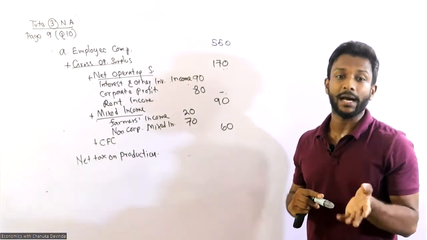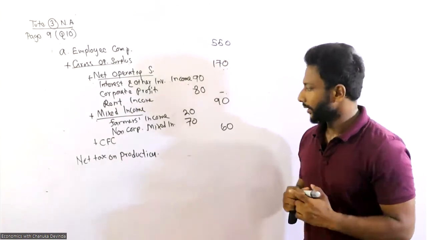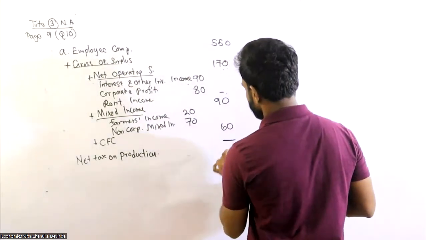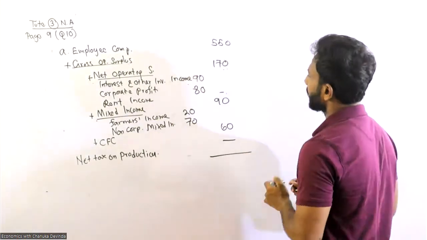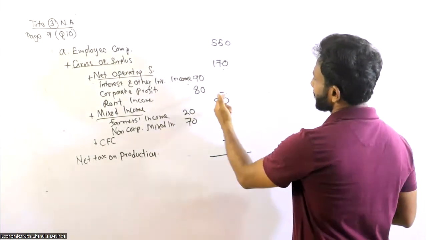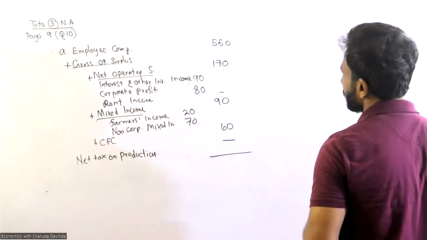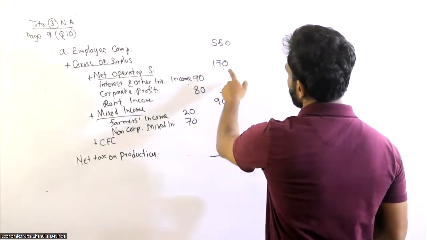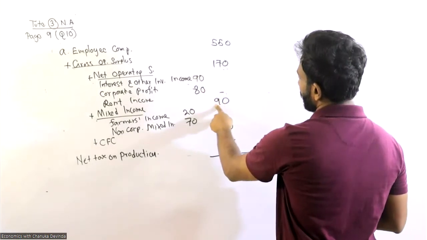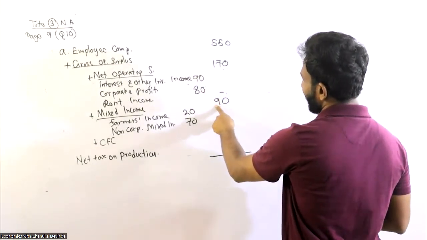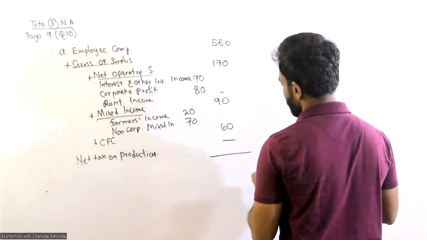It is net tax on products, not on production. So here this is 0. So what's the answer? 550 plus 170 plus 90 plus 60. 600, 720, 720, 810, 870.